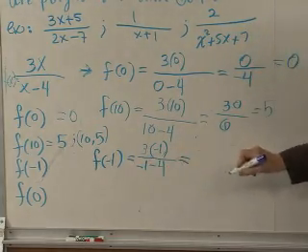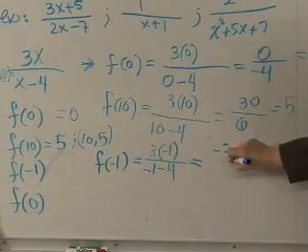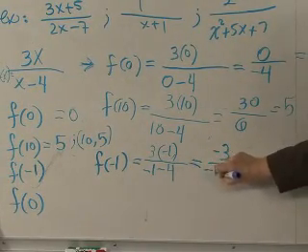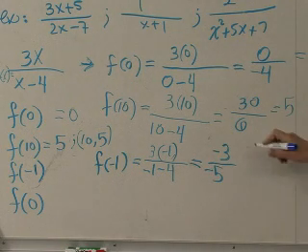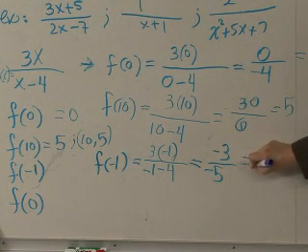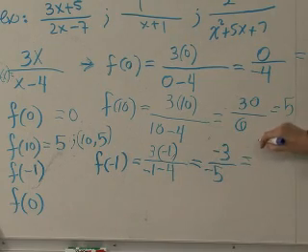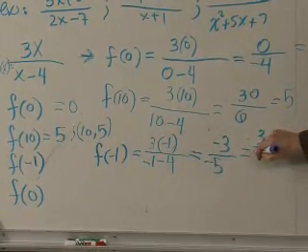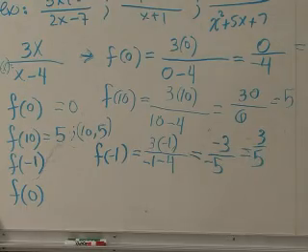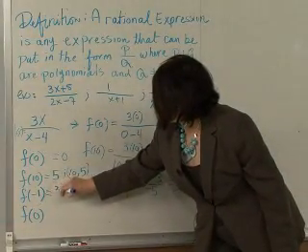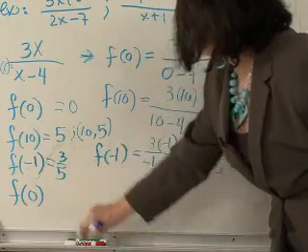So this is equal to 3 times negative 1 is negative 3. Negative 1 minus 4 is negative 5. And negative 3 divided by negative 5, remember, dividing a negative by a negative is a positive. So to simplify that is going to be 3/5. So we go back here and say f of negative 1 is 3/5.